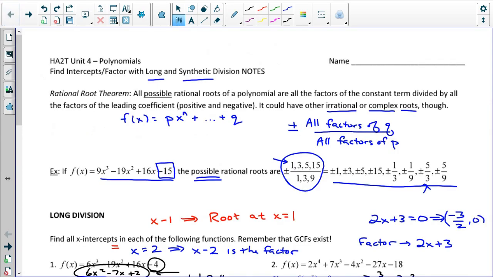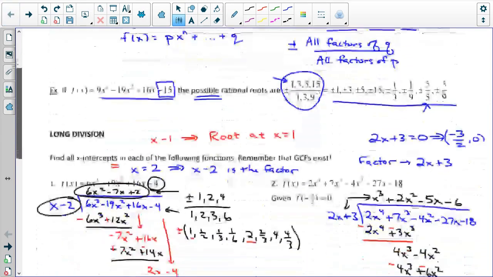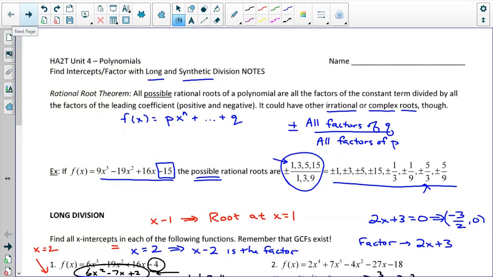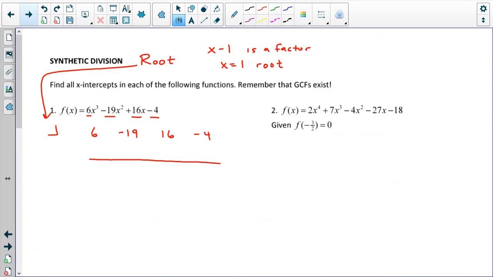And so what I'm basically going to do is take whatever the roots are and substitute them in. Now I know from the other side of this worksheet that x equals 2 is a root that works, but I'm going to try one that doesn't work first just to make sure that we know what it looks like when it doesn't work.